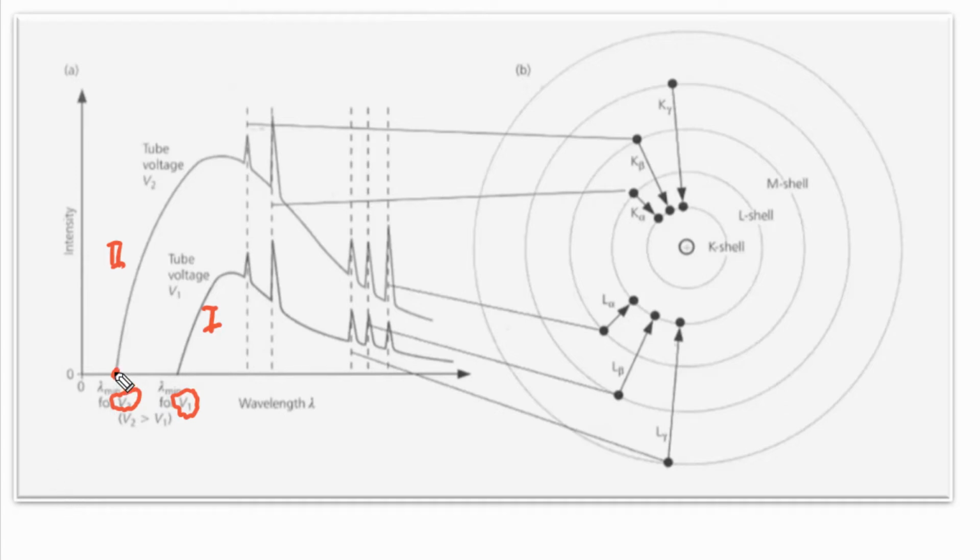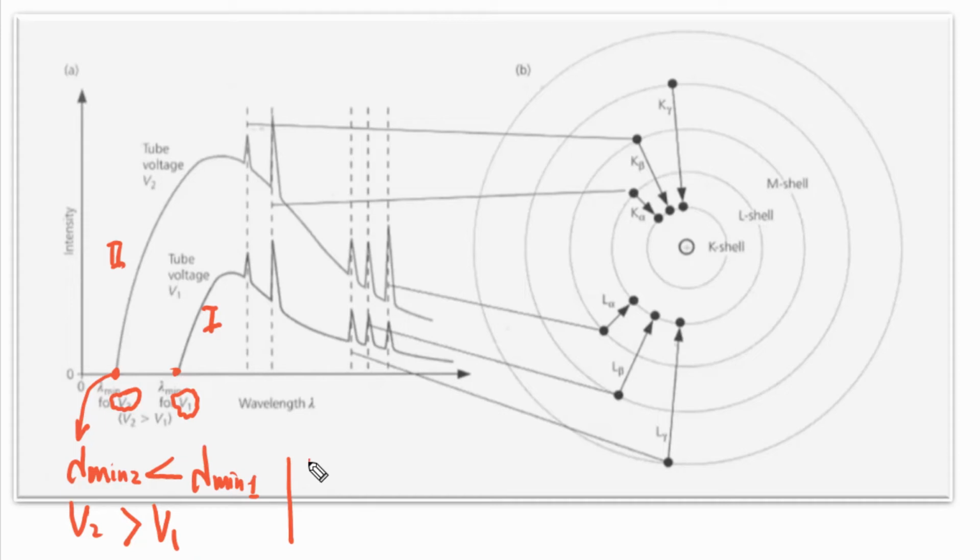If you look at these values, we have lambda min. This is lambda min 2 and this one is lambda min 1. So lambda min 2 is less than lambda min 1. It simply means that V2 is greater than V1.